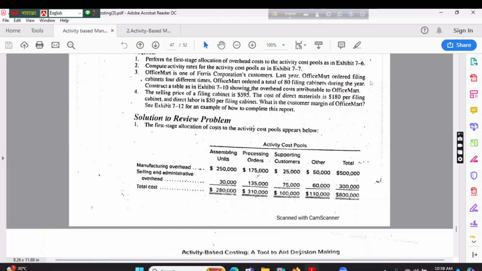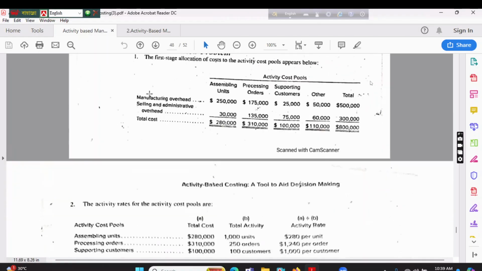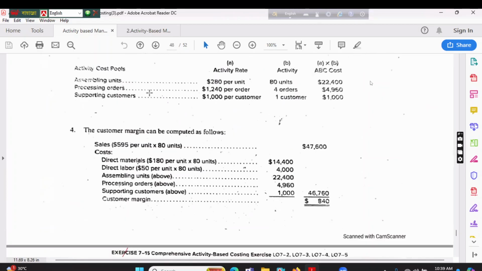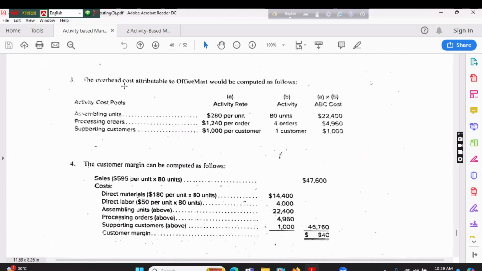Construct a table showing the overhead cost attributable to Office Mart. Attributable means assignable. The overhead cost assignable to Office Mart would become as follows.